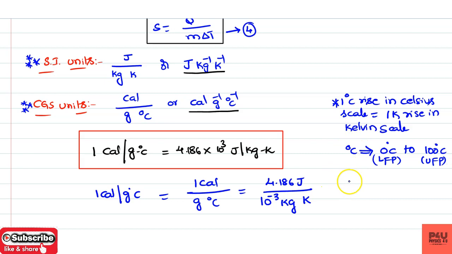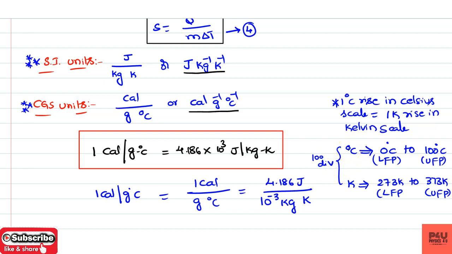In the Kelvin scale, it is 273 Kelvin, the lower fixed point, to 373 Kelvin, the upper fixed point, called ice point and steam point respectively. Here the difference is 100. 100 divisions are there, here also 100 divisions are there. In between these two there are 100 divisions.